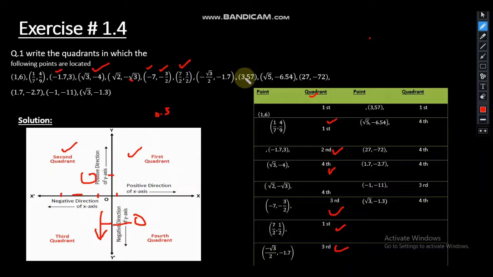Now this 3.57: 3 is also in the x-axis direction, and 5.57 is also in the positive direction, both are in the first quadrant.